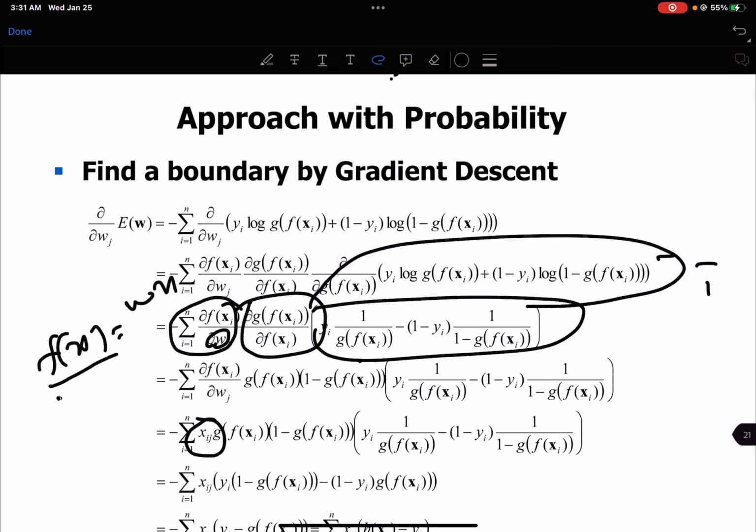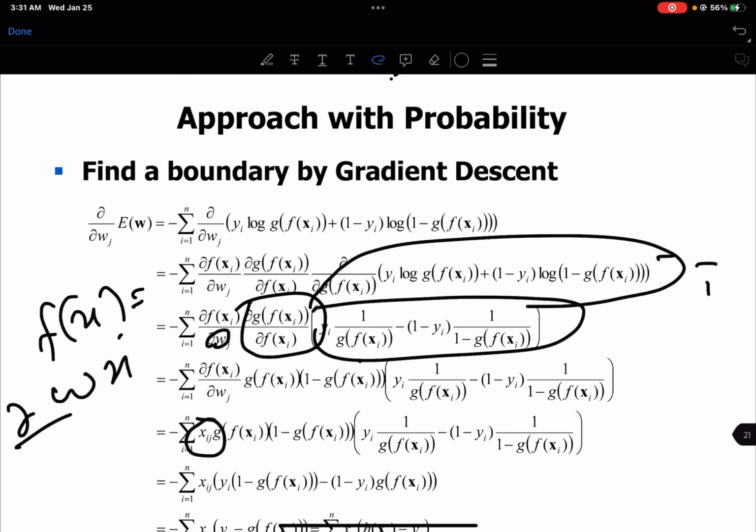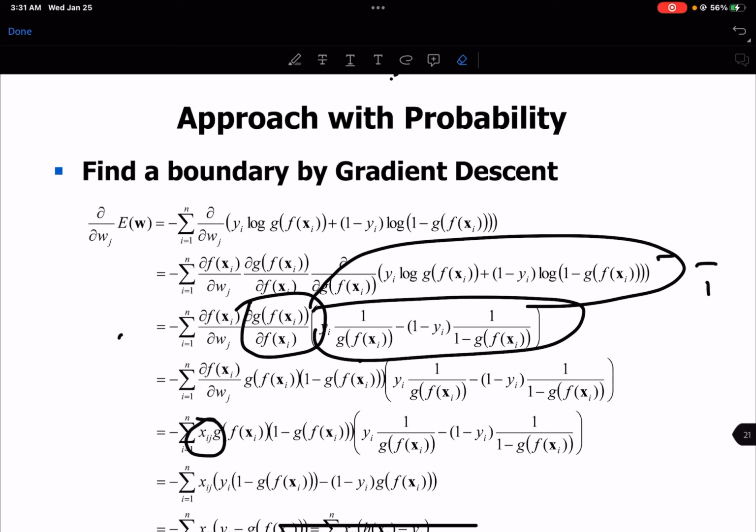Then if we take the derivative with respect to w, what are we left with? Only your x terms. So we have here x term for this derivative. Now we are left with this part.